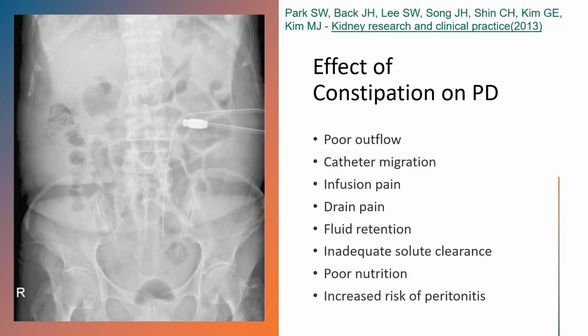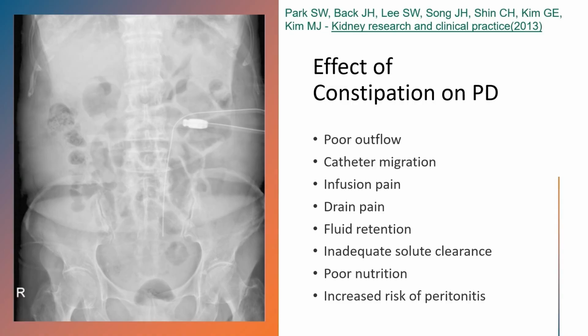Sometimes with severe constipation, the catheter can even migrate. And so on this KUB, you can see that there's quite a bit of stool burden, but the PD catheter is still where it should be in the mid-pelvis. But if the constipation causes catheter migration, you want to be able to differentiate this from omental wrap, which would also cause catheter migration.